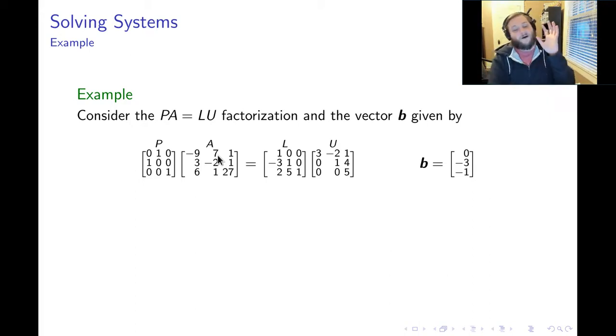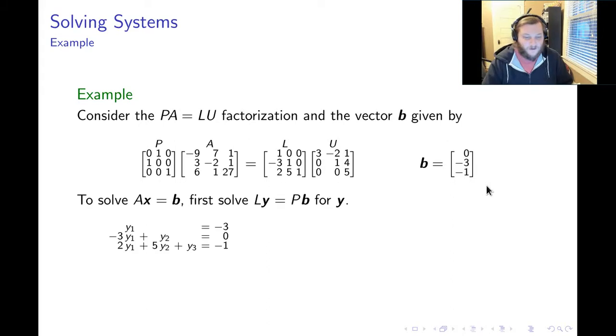That would require augmenting A with the entire 3 by 3 identity matrix, row reducing, finding the inverse, and then multiplying the inverse by B. We're proposing a new point of view, which says, take advantage of PA equals LU to break this system into two easier systems. So the first step of solving AX equals B, when you have PA equals LU, is to solve a new system, LY equals PB, for the vector Y.